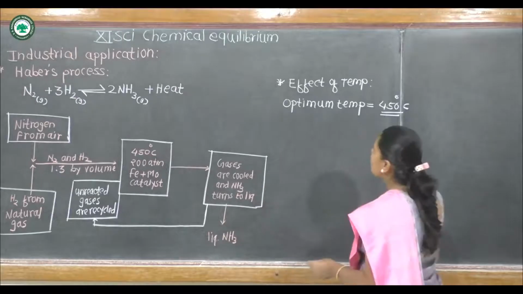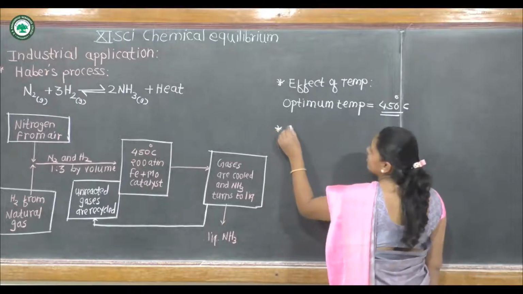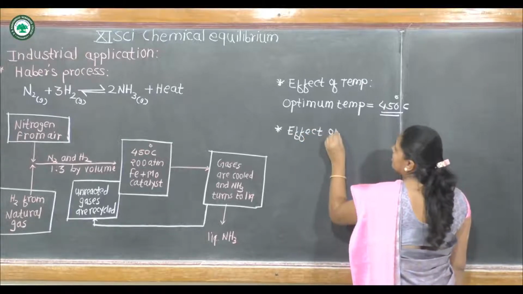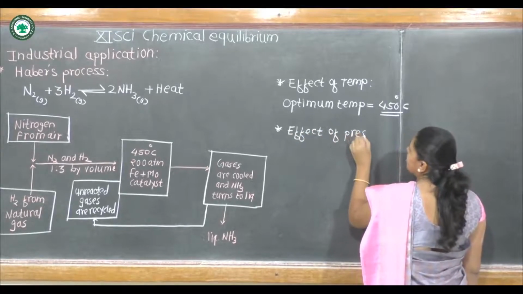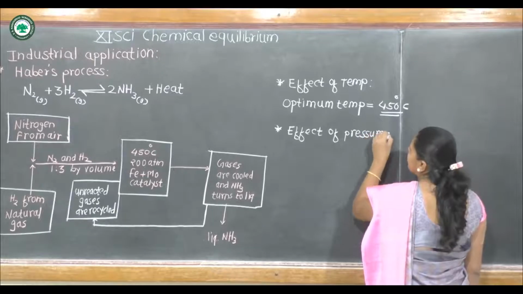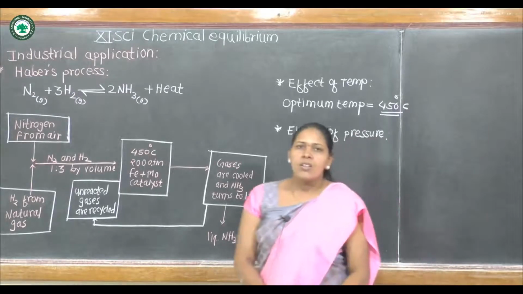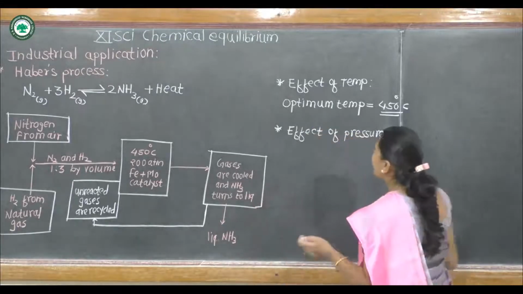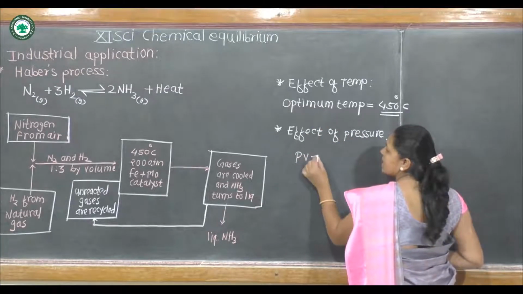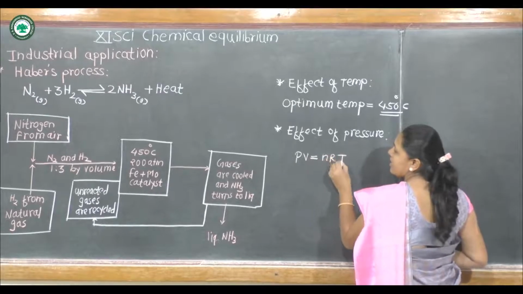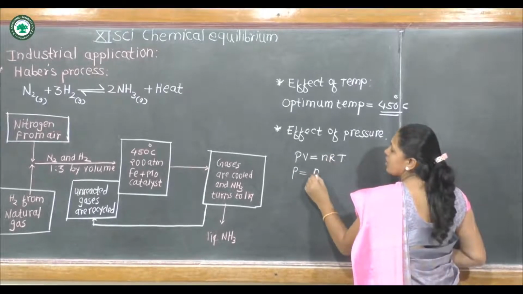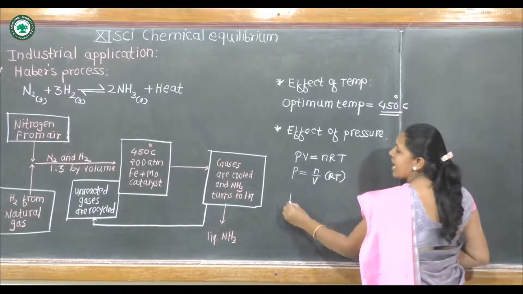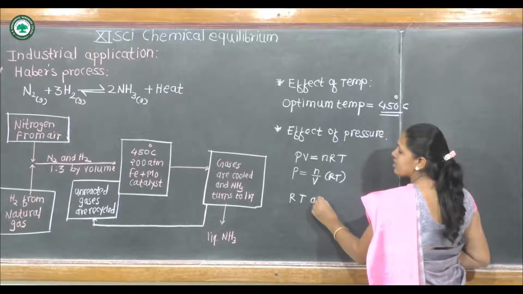Then the effect of pressure. Pressure or volume, because we know that according to the ideal gas equation, PV is equal to nRT, P is equal to n upon V into RT, where R and T are constants.